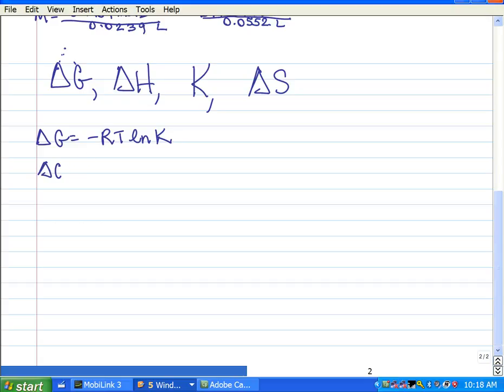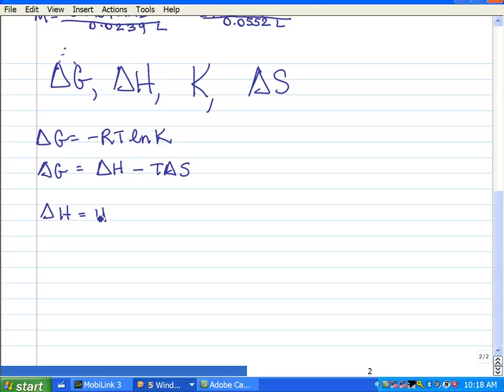Okay, delta H we're going to have to find graphically, but for right now we know that it's equal to delta U plus P delta V. We don't have any of those variables, so we're not going to be able to use this one. We're going to have to go about it a slightly different way.